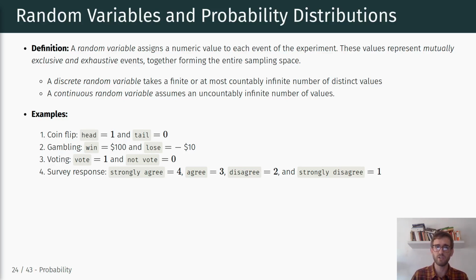I talked about voting. If we just look at turnout, we would assign the numeric value of 1 for the event that a voter actually turned out to the polls, and 0 if not.